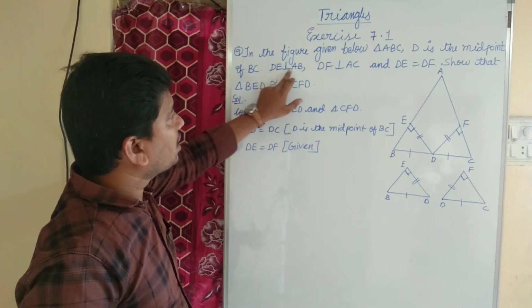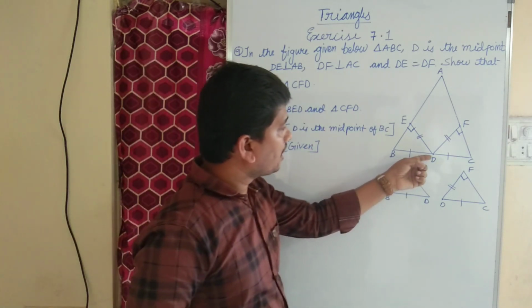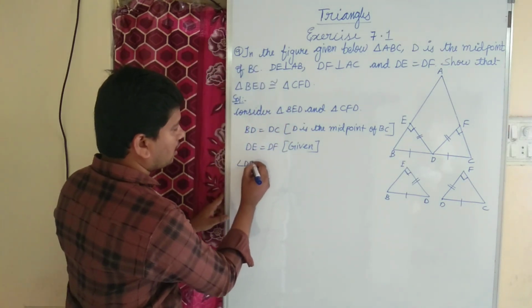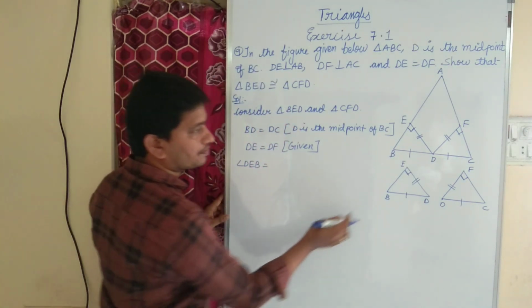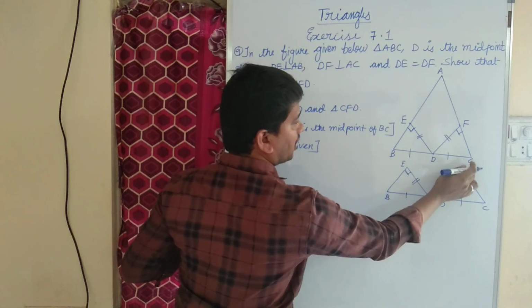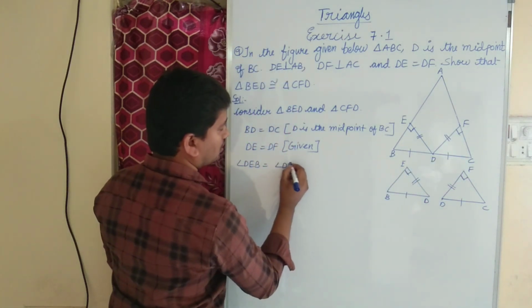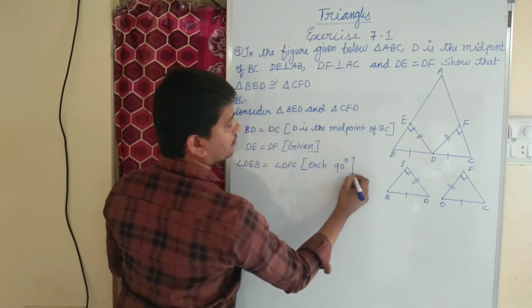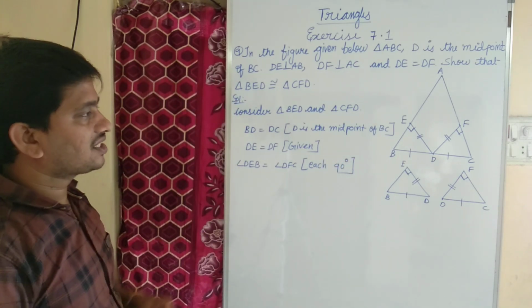And the meaning of DE perpendicular to AB is, I mean, angle DEB equal to angle DFC, each 90 degrees.